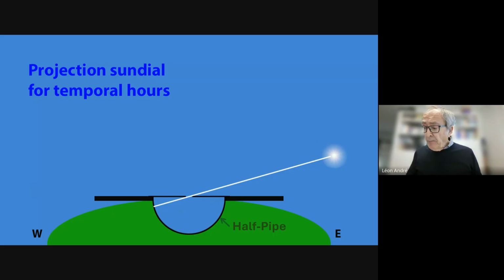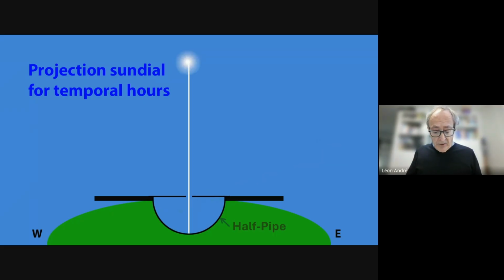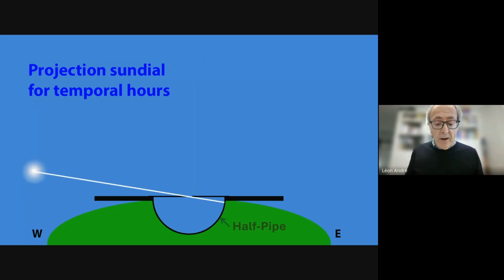At midday, meaning when the sun is at its highest point, the point of light is in the center of the half pipe. In the evening, as the sun sets, the light spot reaches the other side of the half pipe.